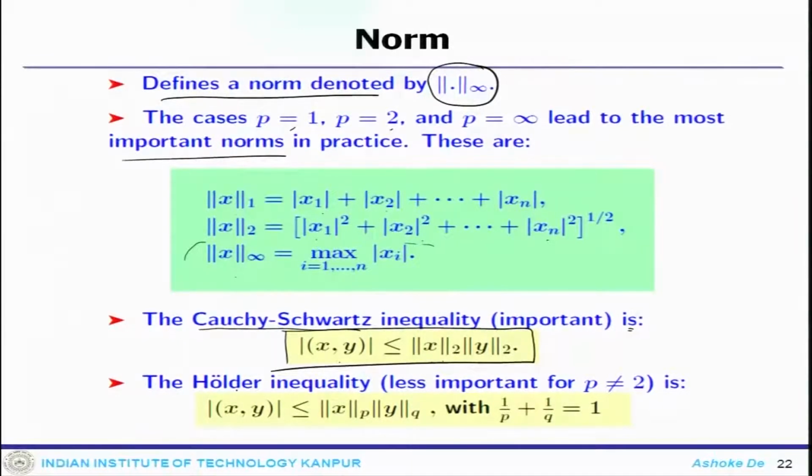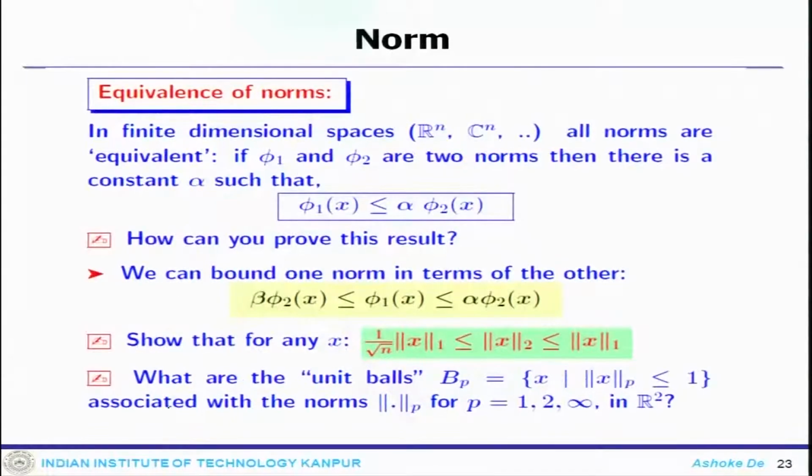Similarly, the Holder inequality, which is not that important, is for p not equal to 2: the magnitude of the inner product of x and y is less than or equal to the p norm of x times the q norm of y, with the condition 1 by p plus 1 by q equals 1. That is another property that can be used for the linear system.